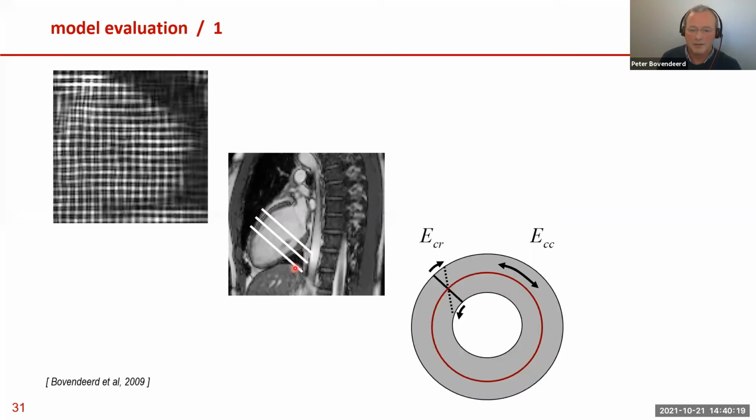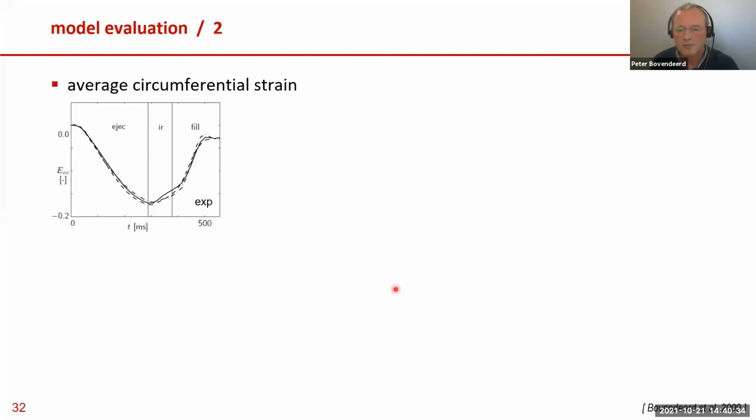And so we analyzed these movies at these 3 different levels, and we determined the average circumferential strain in these slices and the average circumferential radial shear strain. And this is what we found. So here you see a typical result of an experiment. It's the circumferential strain during the cycle.